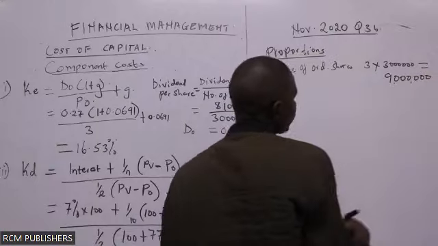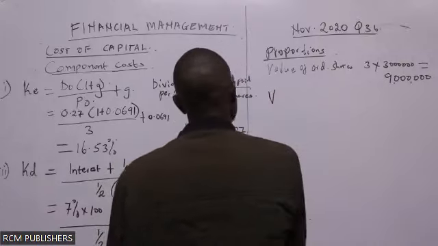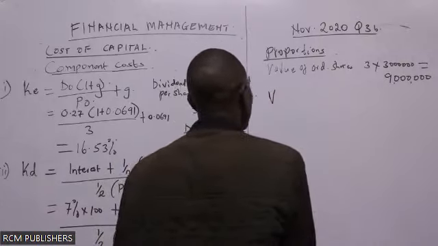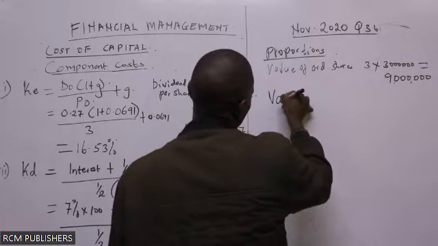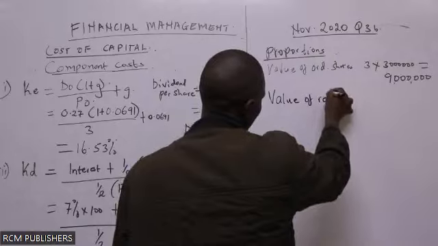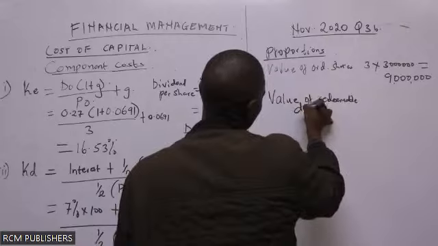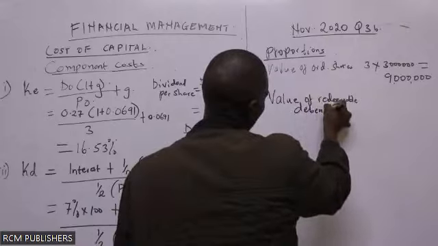From there, I need to get the value of the debt, the redeemable debenture. So how do I get the value of this debenture?